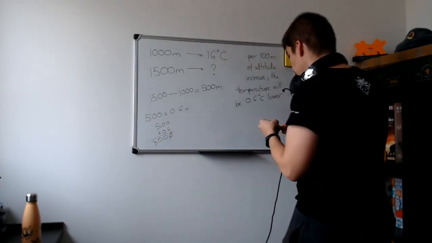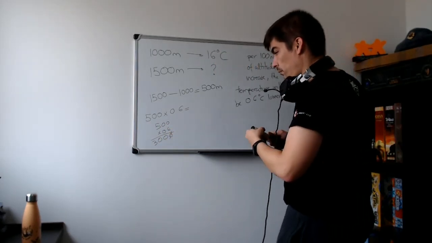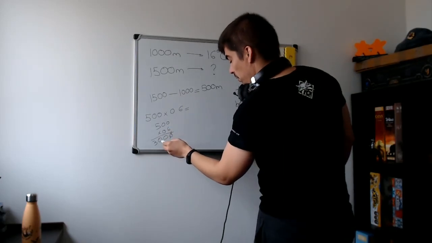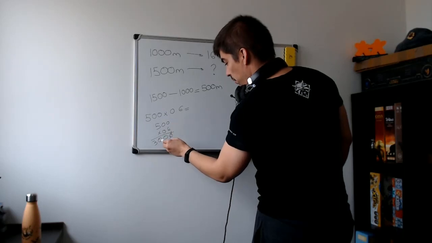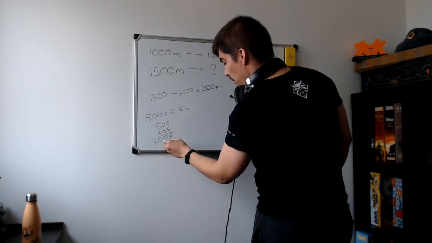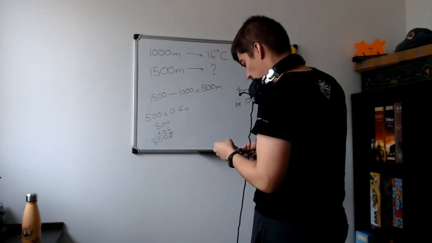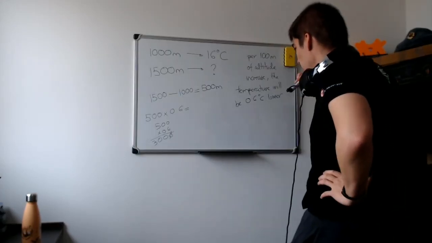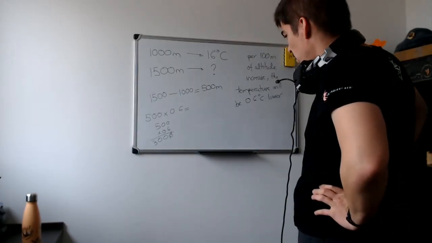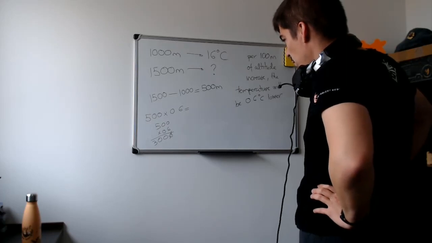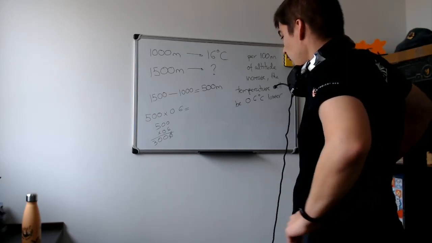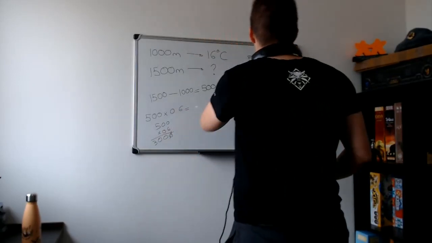It will be, espera, aquí algo falla, espera, claro, 0, 0, 0, 0, ¿cómo que 300? ¿Por qué me da 300 esto? ¿Qué estoy haciendo mal? Ah, claro, ya sé lo que estoy haciendo mal, seré imbécil.